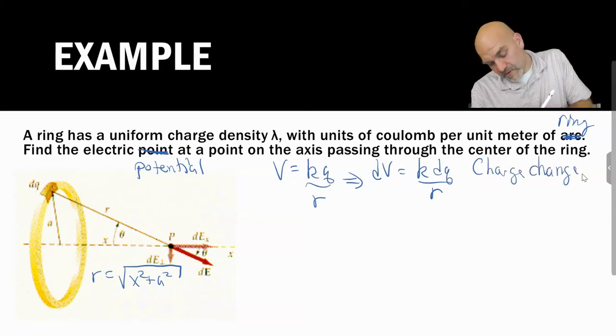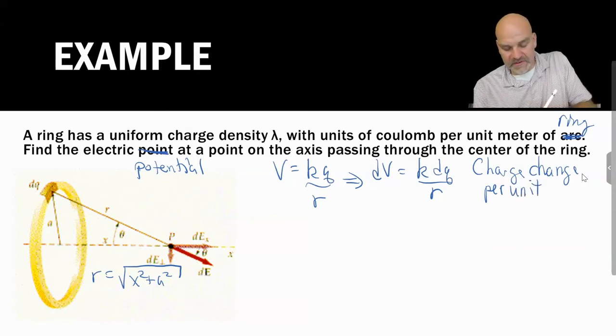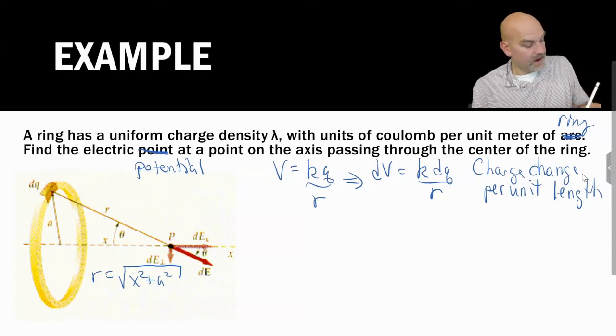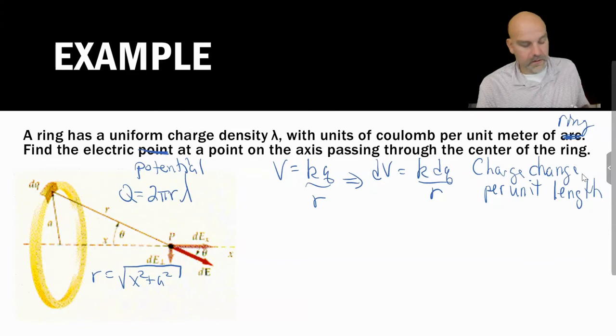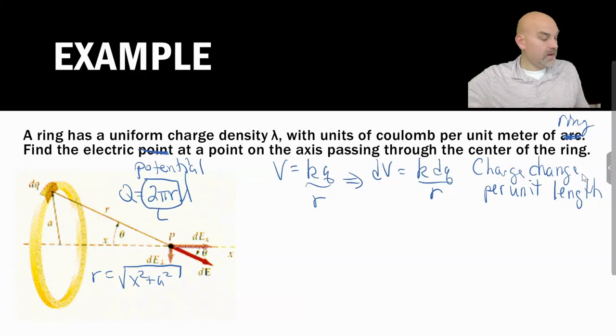That's why we use a linear charge density, volume charge density, area charge density. And we go back to our notation that Q is going to be 2 pi R lambda, right? Because this is going to be our L, our total length. That may come into play, it may not come into play.